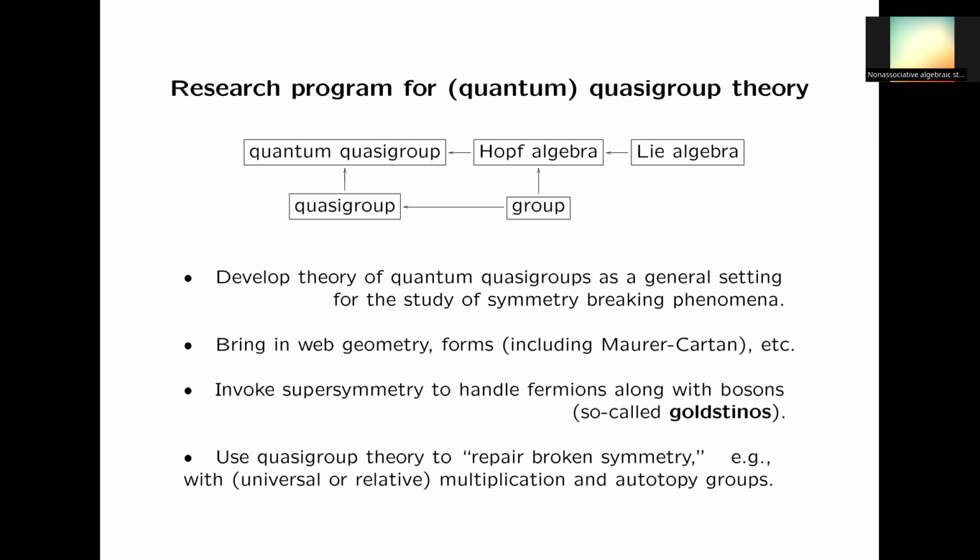So, for example, in a classical quasigroup, if you take the pair (x, y) to (x, x star y), where star is your quasigroup multiplication, that's like the left operator, and that's invertible if and only if star is, or on the other side, (x, y) goes to (x star y, y).